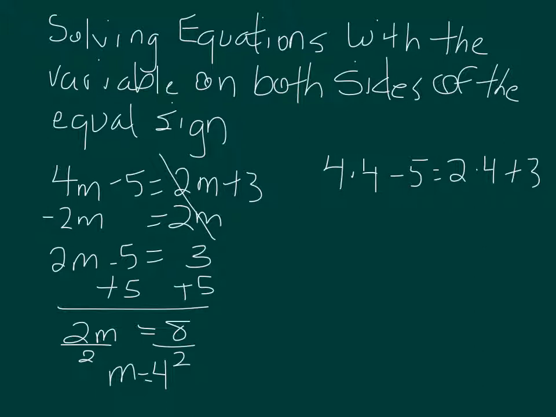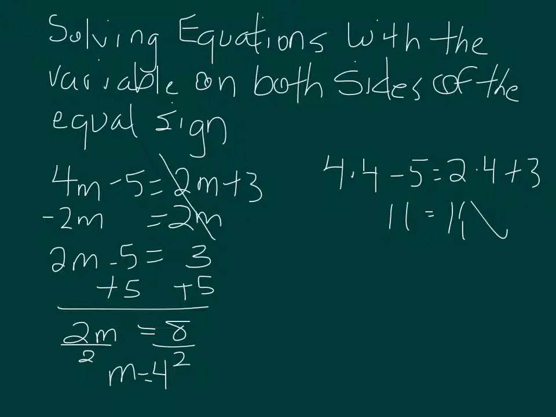So 4 times 4 is 16, minus 5 is 11. Let's try the right-hand side. 2 times 4 is, that's right, 8, plus 3 is 11. Check. We did our problem correctly.